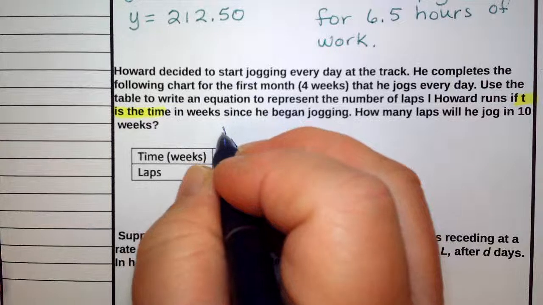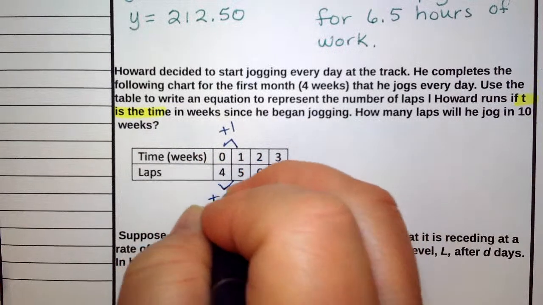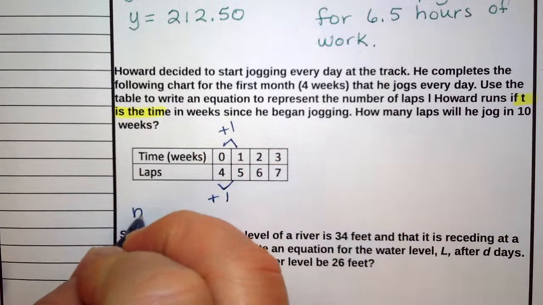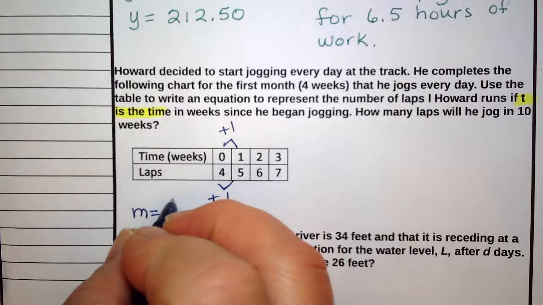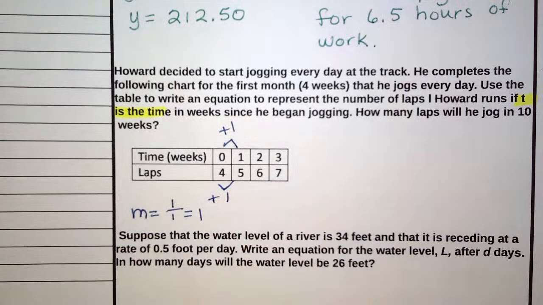You're looking at 1 week and you're looking at 1 lap. So my slope, which is rise over run, would be 1 over 1, which simply gives me 1. So if we're looking at this, do I need to put 1 in front of my T?